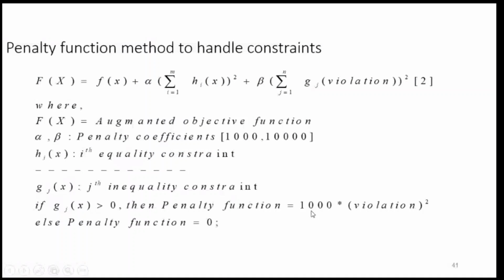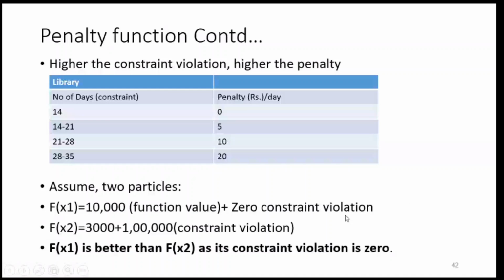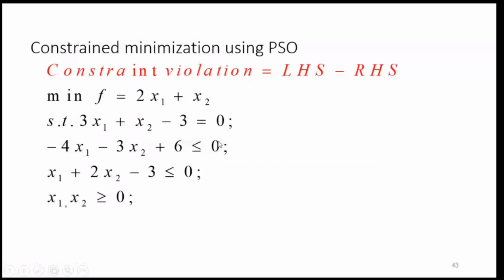It means LHS minus RHS whole square. This minus 0. So put this whole square. So if it is more than 0, this violation square. Else it is less than 0, then no violation. Then penalty function is 0 because there is no violation. Right? So for inequality constraints, we will put if else loop. So using a penalty function, we can handle the constraints.